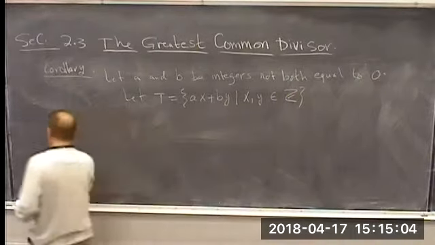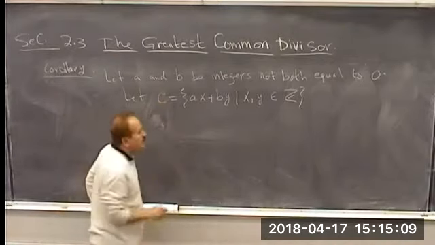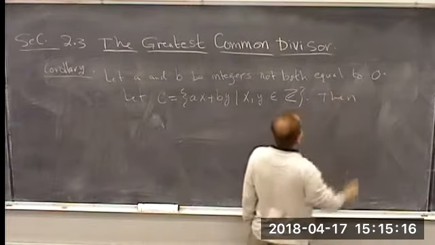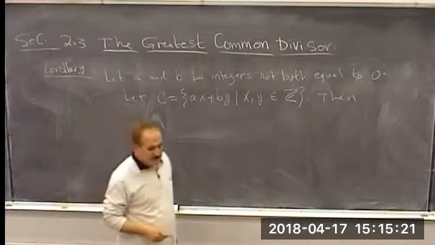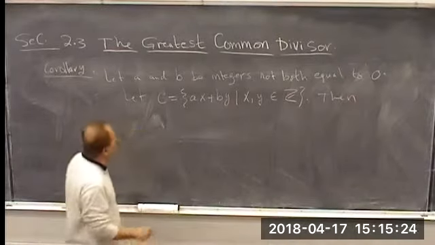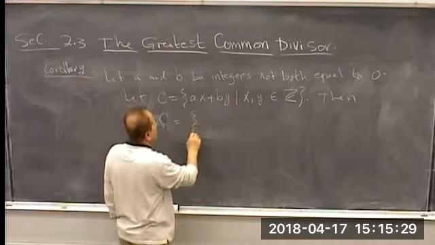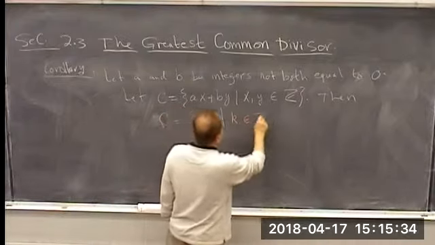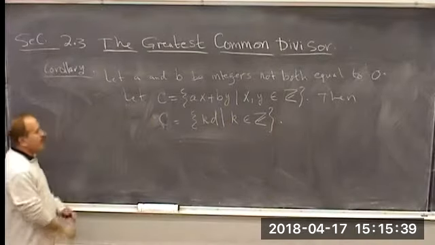Let me call this set C, like we did before. This set C is the set of all multiples, so C is equal to the set of KD such that K is an integer.